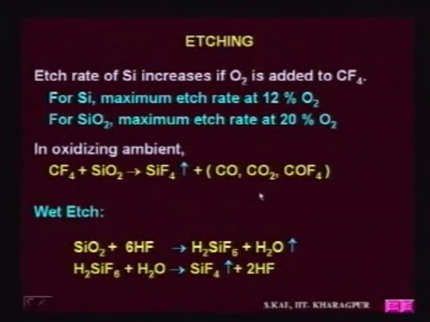In both wet etching and dry etching, you can see the etch product should either be volatile, so that you can remove it through gas exhaust, or it should be another liquid composition which is dissolved in water, so that the etch product will not attack the silicon surface.